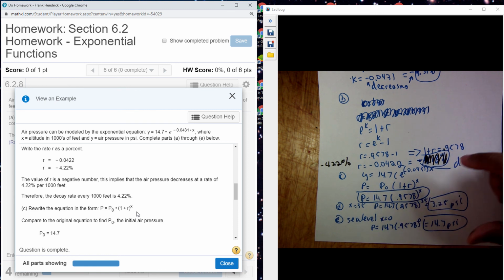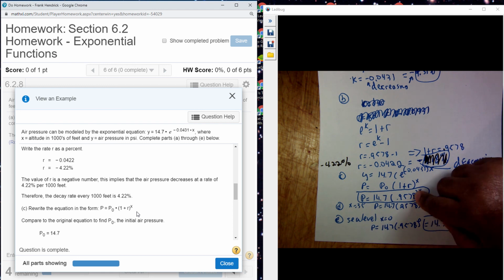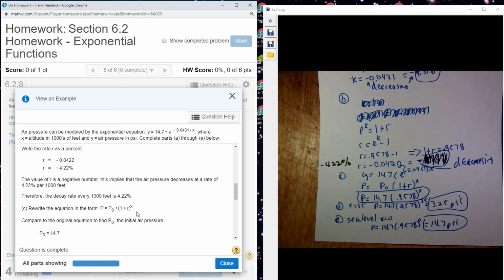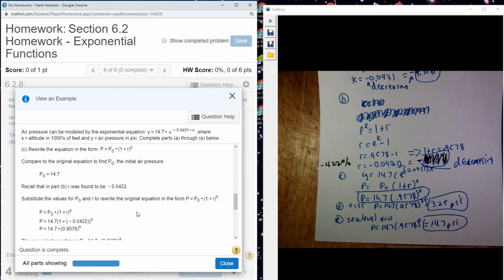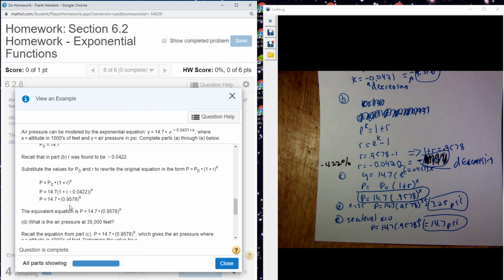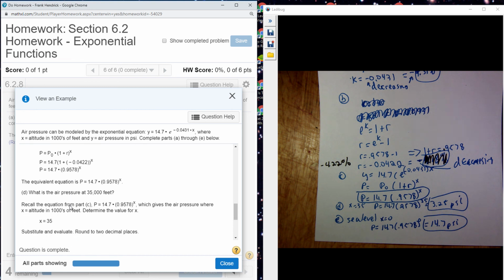I already found 1 plus r to be 0.9578. My P0 in this case is 14.7. So there's our equation. And then they ask you what is the air pressure at an altitude of 3,500 feet.